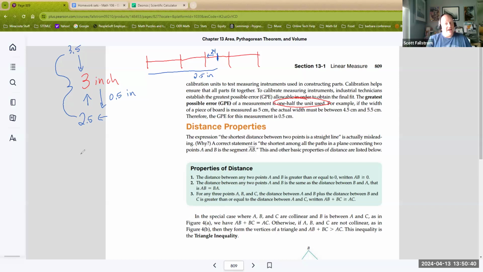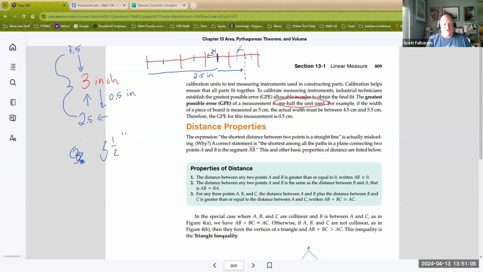If we were measuring in half inches, then it would be half of that. So if I measured something as 3.5 inches, and remember, my measuring device now goes to the nearest half inch, then if I'm going to 3.5 inches, the most I could be off would be half of that.